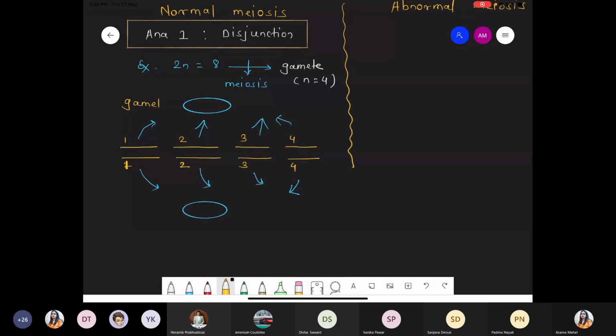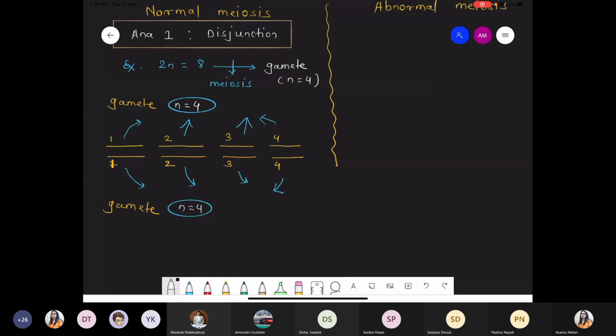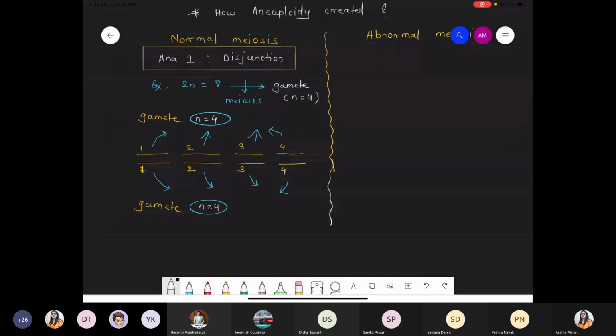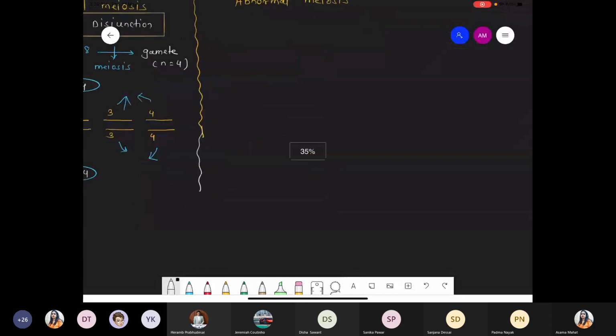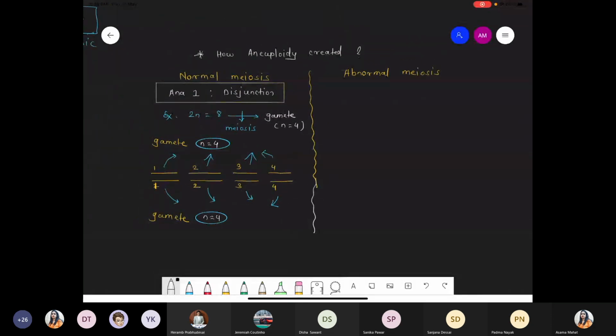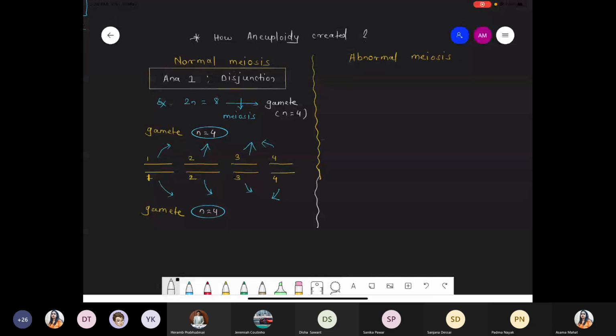In the haploid condition, the total number of chromosomes is 4. So the 8 chromosomes are equally segregated into two gametes, 4 chromosomes and 4 chromosomes. Such a condition is called the normal meiosis process, which occurs during anaphase 1.